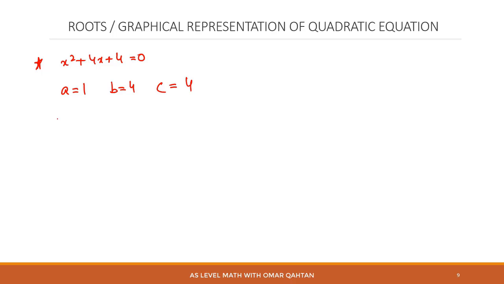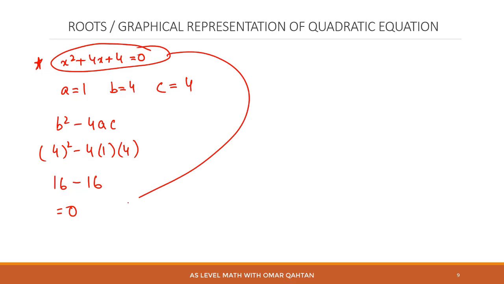Let's apply the discriminant: b square minus 4ac. So 4 square minus 4 times 1 times 4, so 16 minus 16 is equal to 0. It means that this equation will give you equal real roots.